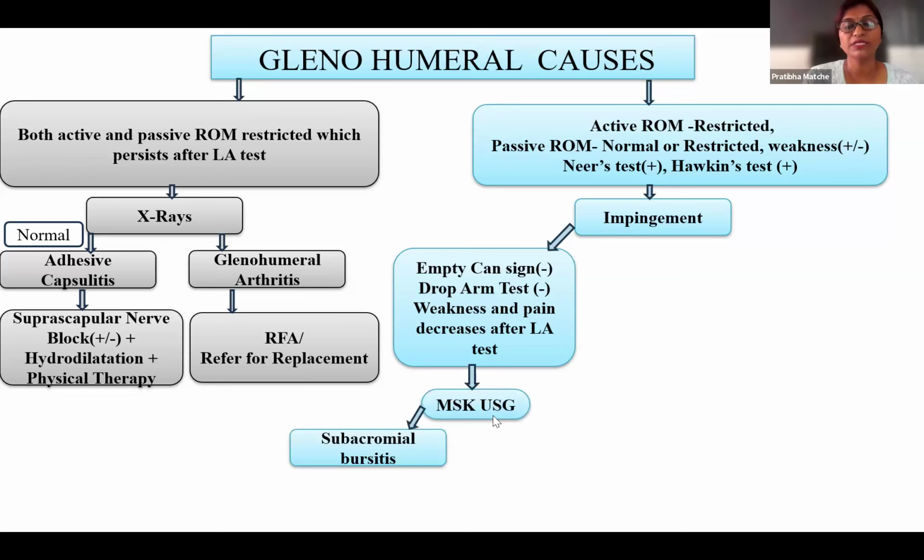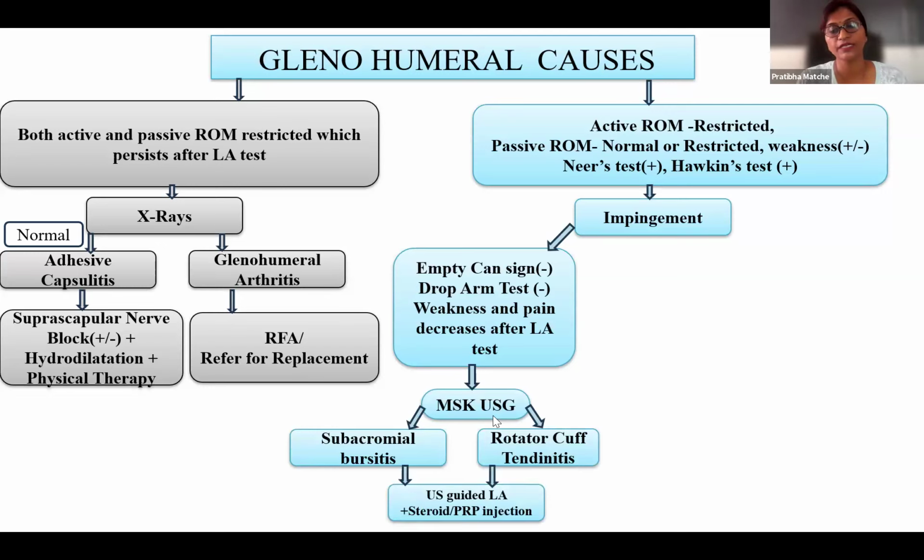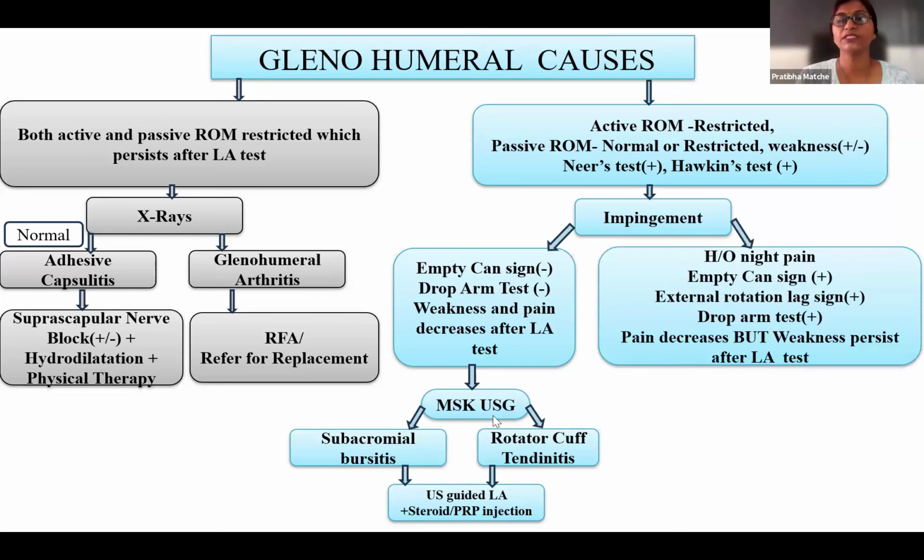Then do an MSK ultrasound, and depending on the findings, it could be either subacromial subdeltoid bursitis or rotator cuff tendinitis. Then once you have confirmed your diagnosis on ultrasound, you could go for the therapeutic approach, that is either local anesthetic with steroid injection or PRP injection.